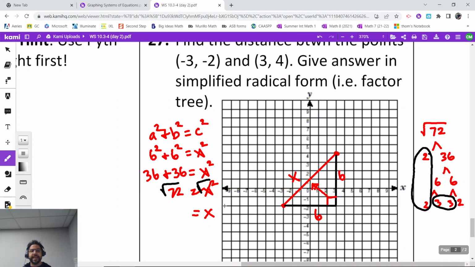So we're going to say that we've got a square root or radical. The leftover goes inside, and a pair of 2s and a pair of 3s on the outside. So that means it's going to be 6 radical 2 for the distance between the 2 points.